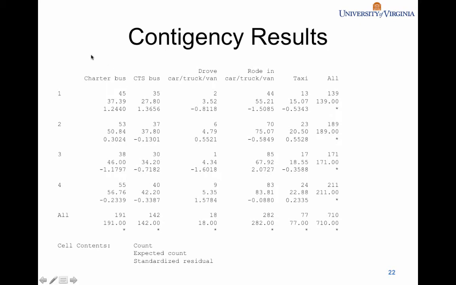In this larger table, we see the 5 different ways of getting to Foxfield, 1 in each column, and the 4 different years, 1, 2, 3, 4. And then we're going to see the actual values. Each of these cells shows the count, then the expected count, then the standardized residual.